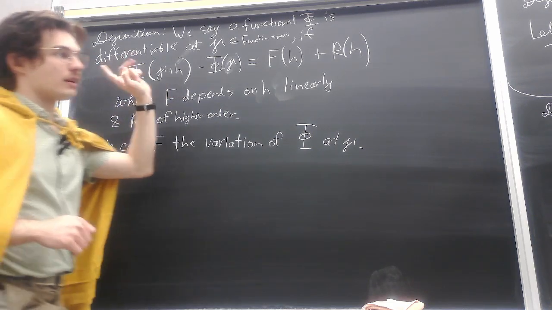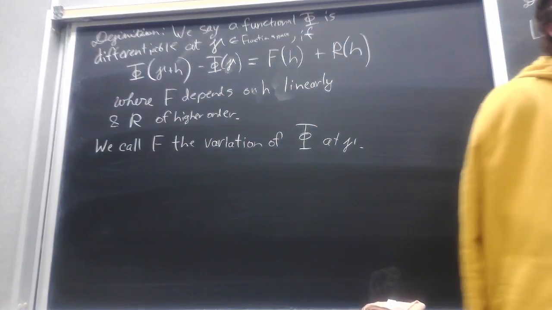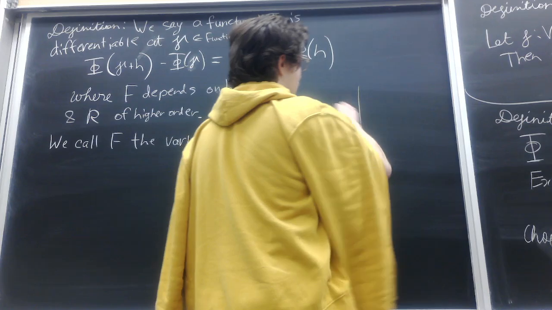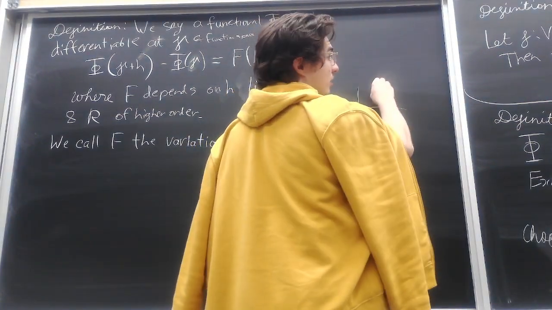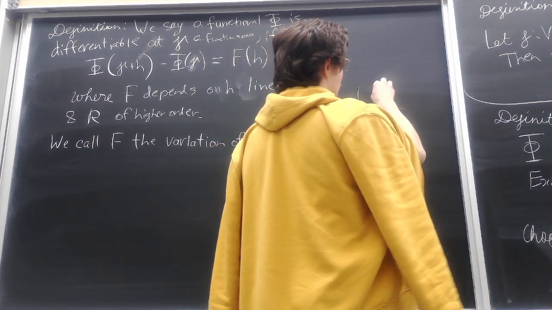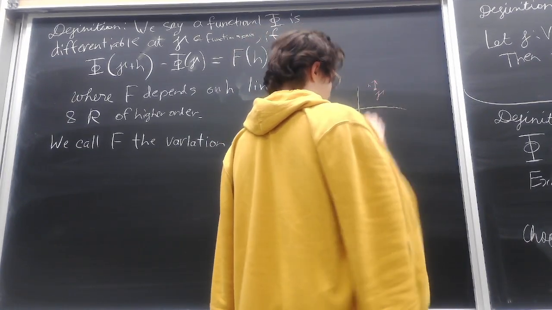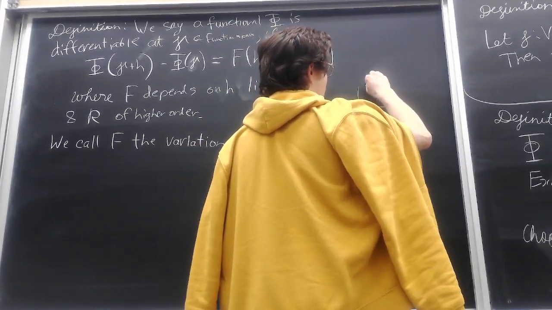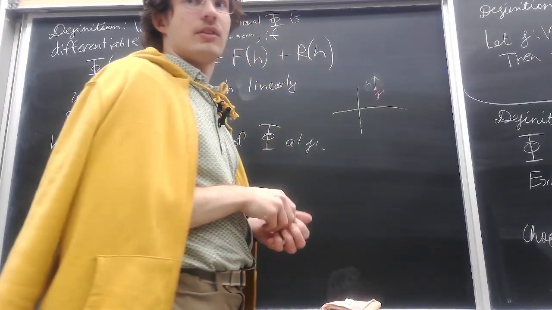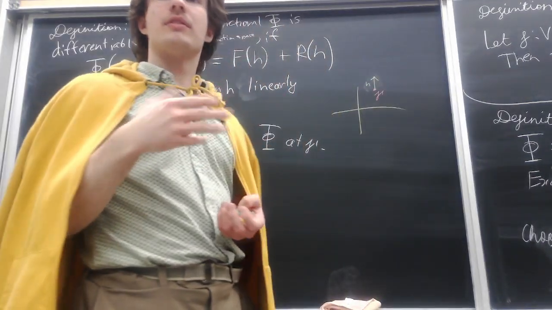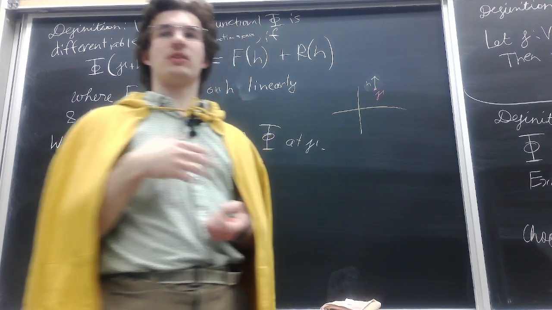That's the point, like the previous picture with the vector space: you had some point v naught. Now this point is gamma, and let's choose some other function h which points in some direction. Now let's differentiate in that direction.